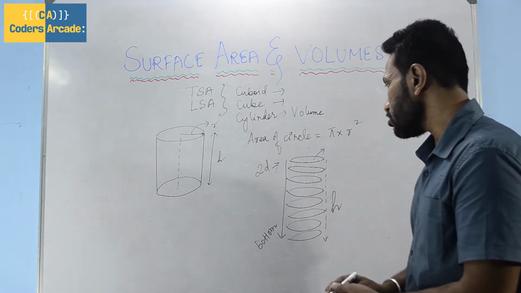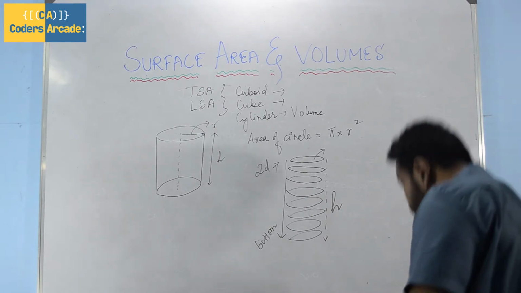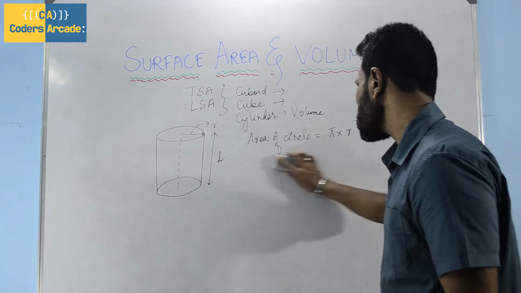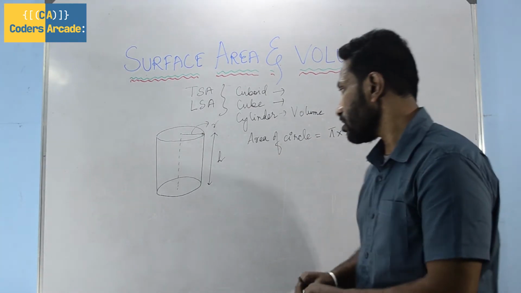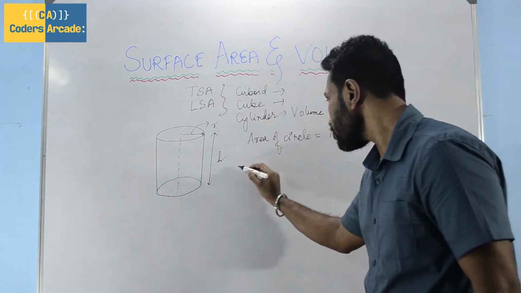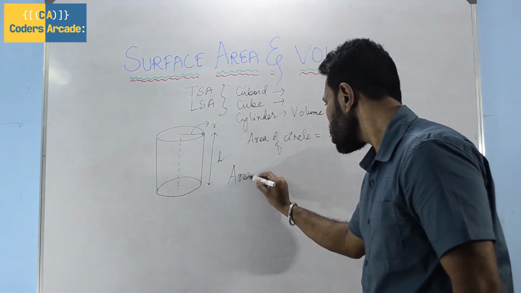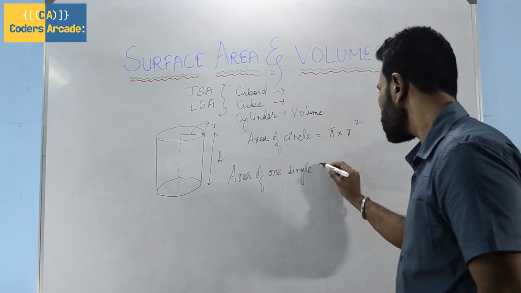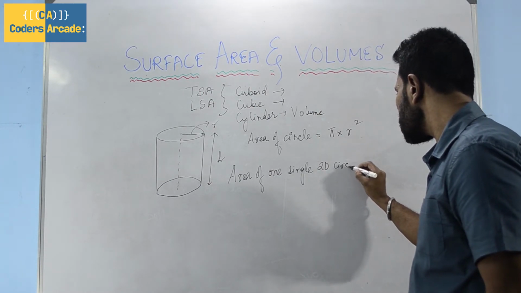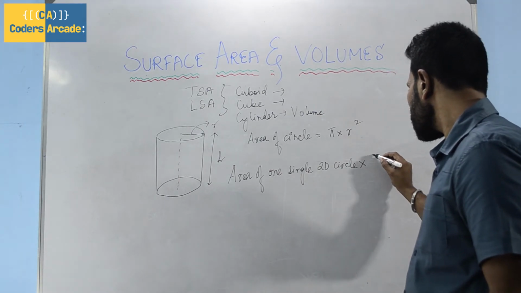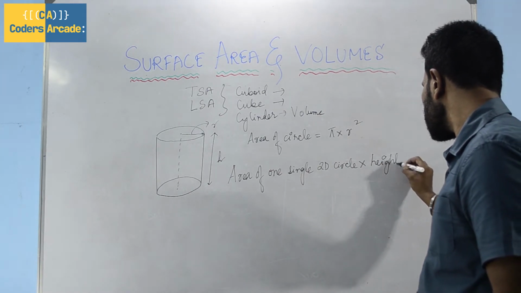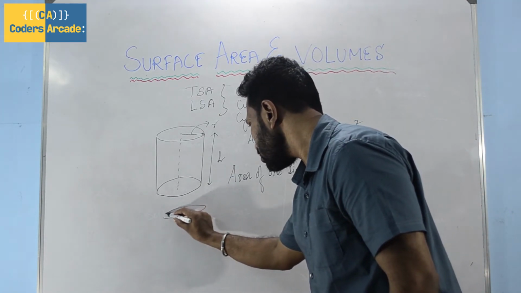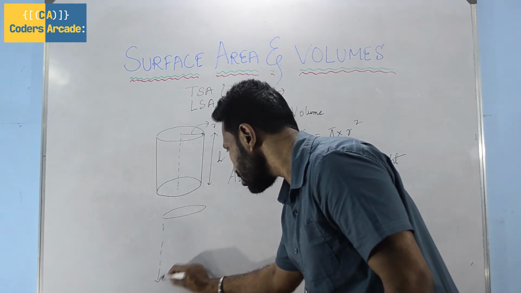So that is it. What I mean to say is, let me just erase it. As I said, area of one single 2D circle into height. As I said in the earlier diagram, one circle will keep on going like this till the height.